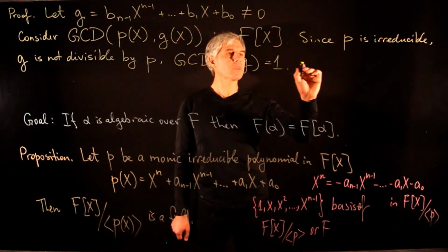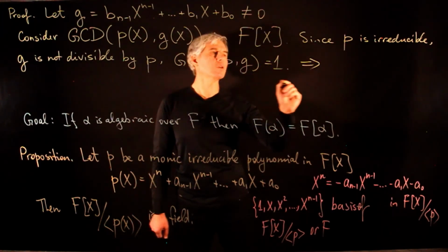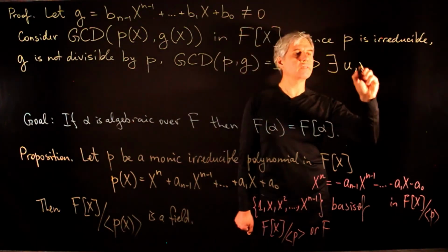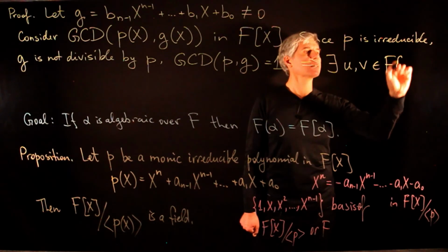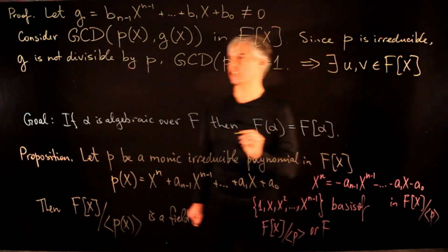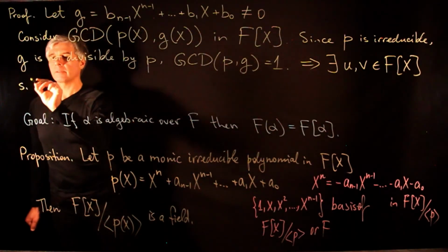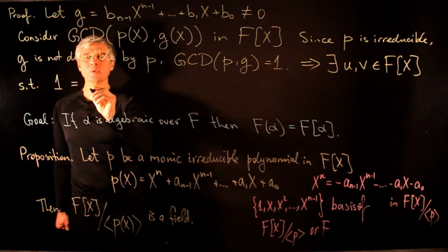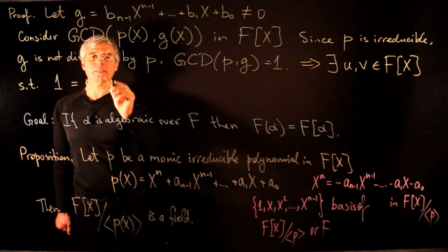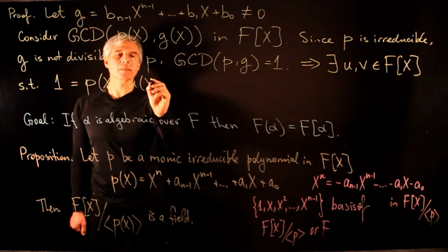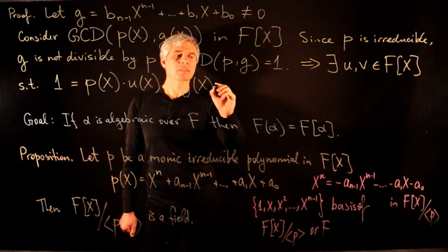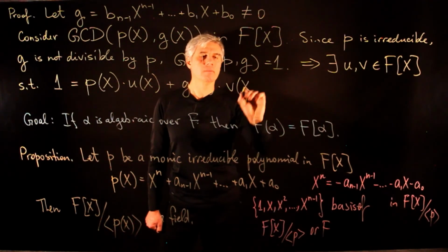And then, from the extended Euclidean algorithm, we conclude that there exist polynomials u and v in F[x] such that this greatest common divisor, that is 1, is equal to p(x) times u(x) plus g(x) times v(x).